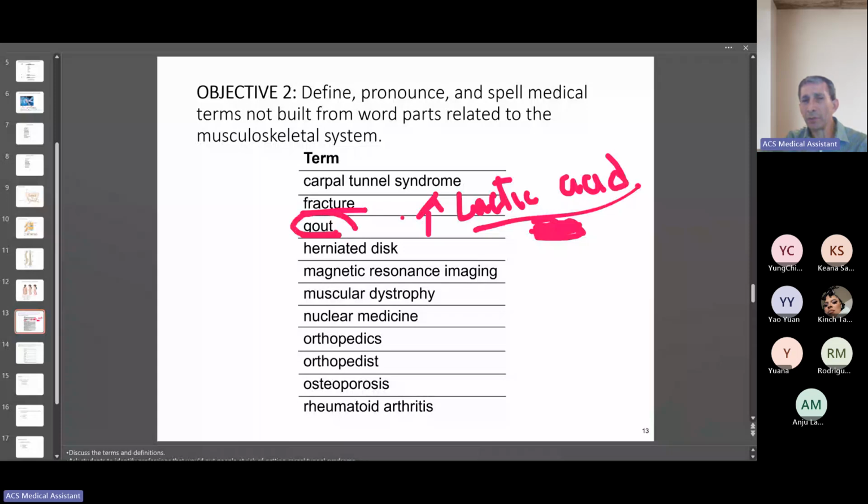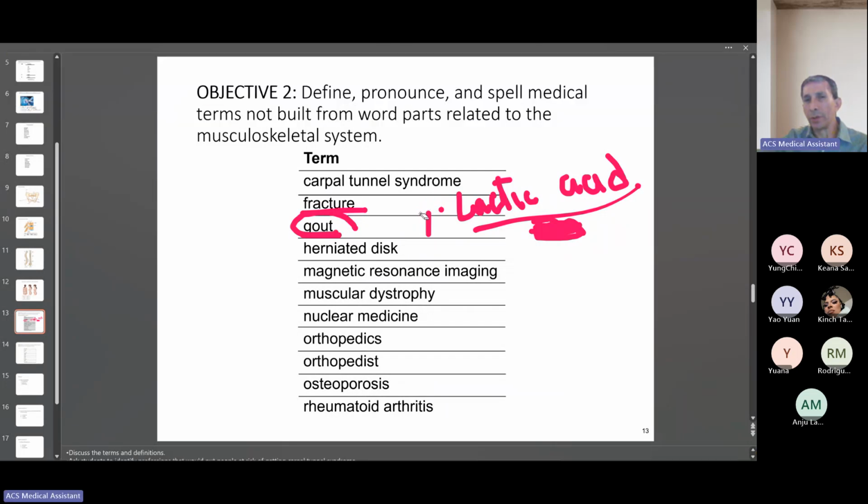So if a patient comes to your office and the big toe is huge and swollen, they didn't have any trauma, nothing fell on their toe, and they tell you that they always have inflammation there, and it looks red, very bad, they have gout.